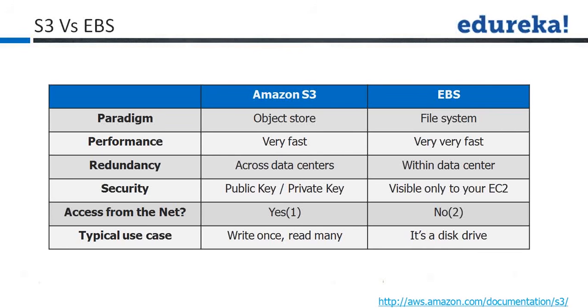While in S3, the data is replicated across the region into multiple data centers. So if you upload something to Amazon S3, the most important point is it is never a zone specific thing, it is always a region specific thing. There is no concept of zone within Amazon S3.